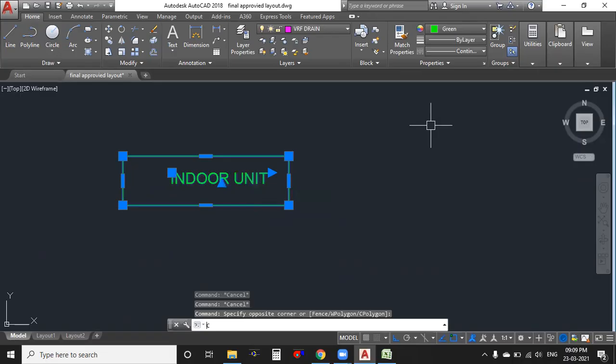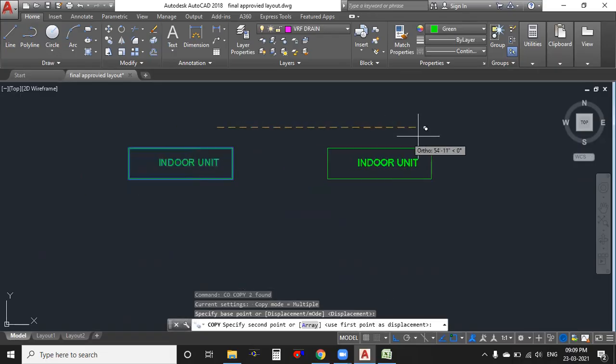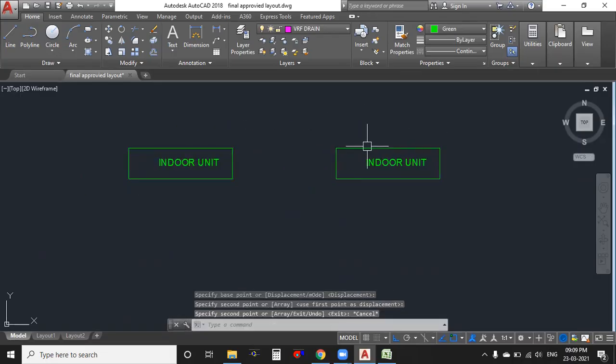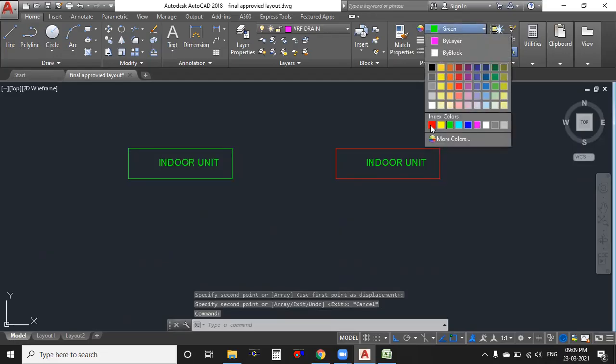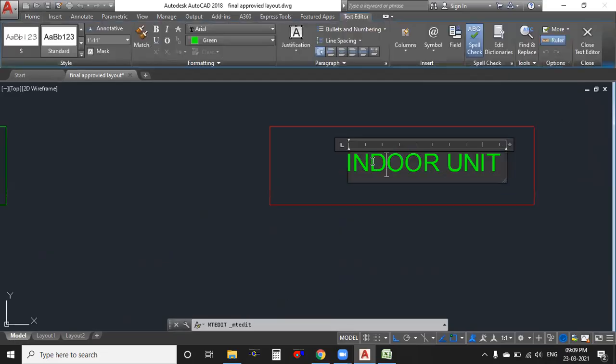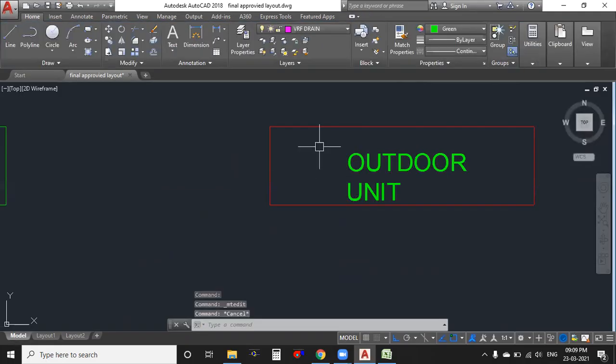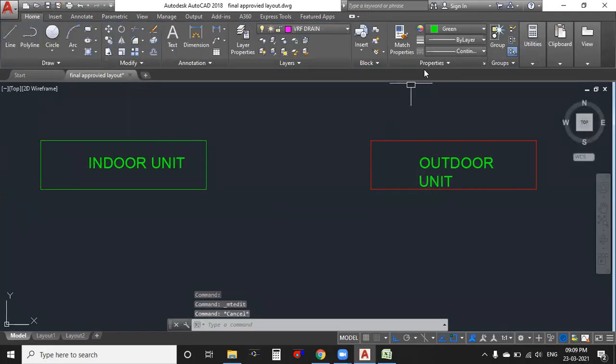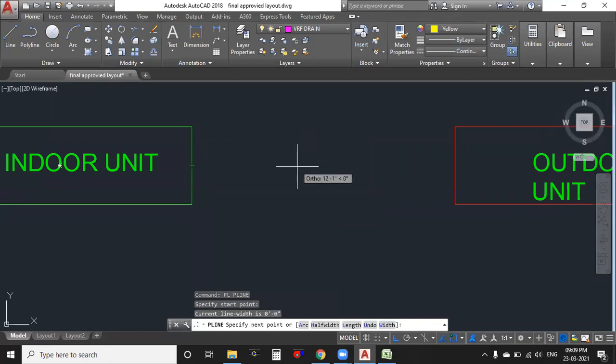And outside we place the outdoor unit. From the indoor to the outdoor unit, we connect with two copper pipes.